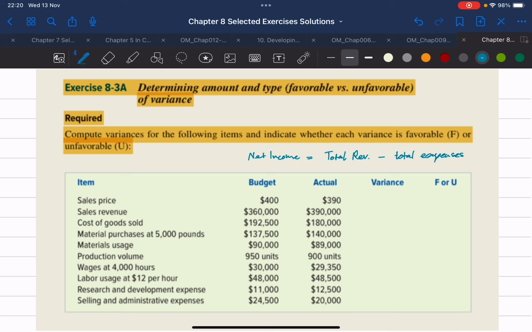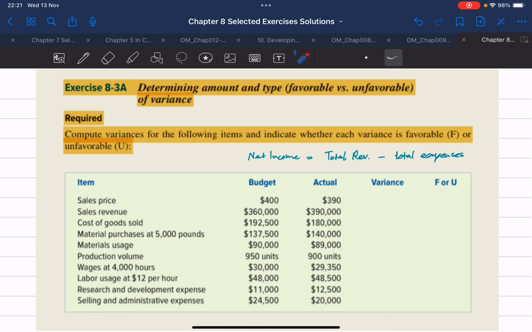So for any variances that are given to you, you need to see whether the item itself is going to fall under revenues. So it's going to generate revenues for us. In this case, revenue has a positive relationship to net income. So the higher the revenue is, the more net income we're going to have. So it's going to increase our margins.